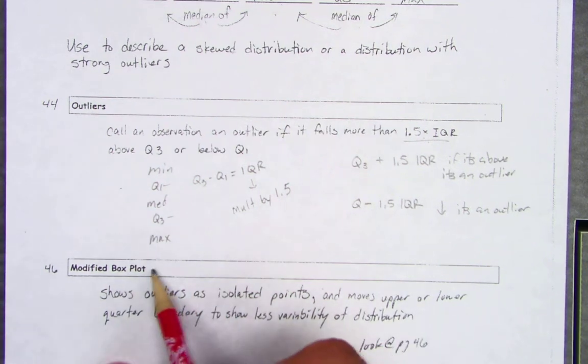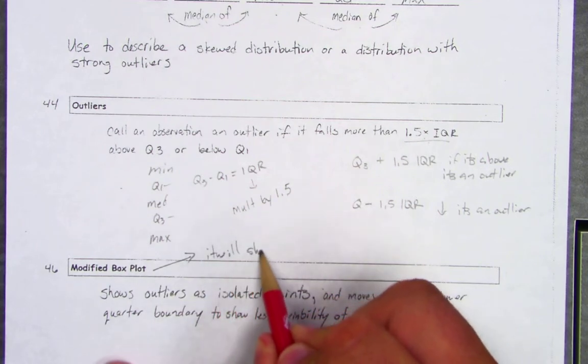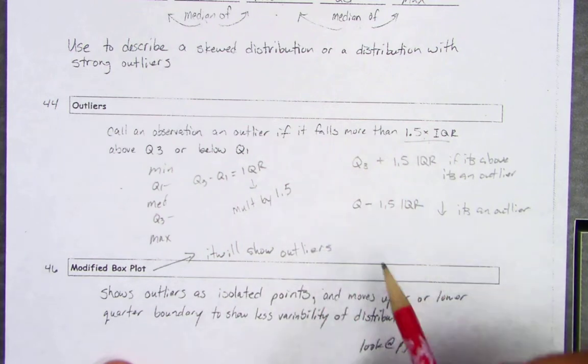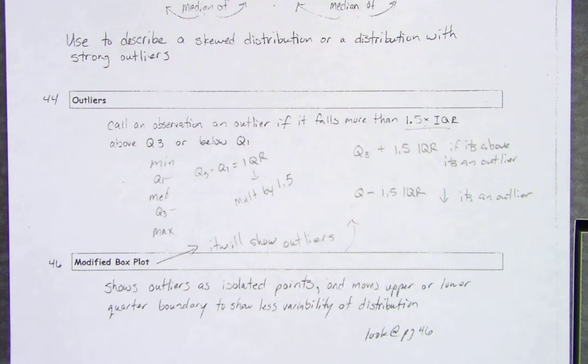So if you choose this, it will show outliers. So you won't have to actually calculate. You won't have to do that above. So in the next video, I will show you how to create a box plot and modified box plot using your TI-84.